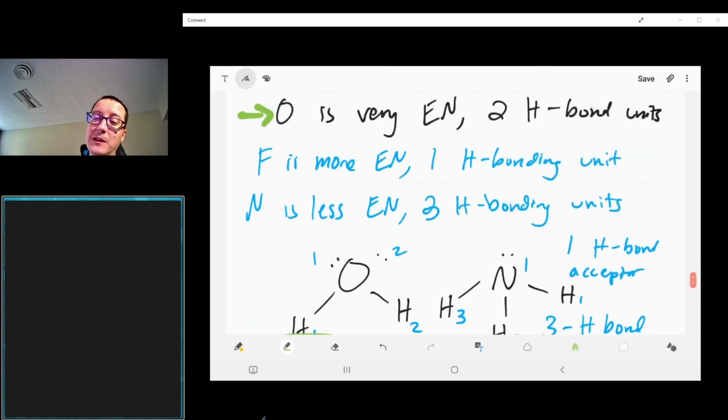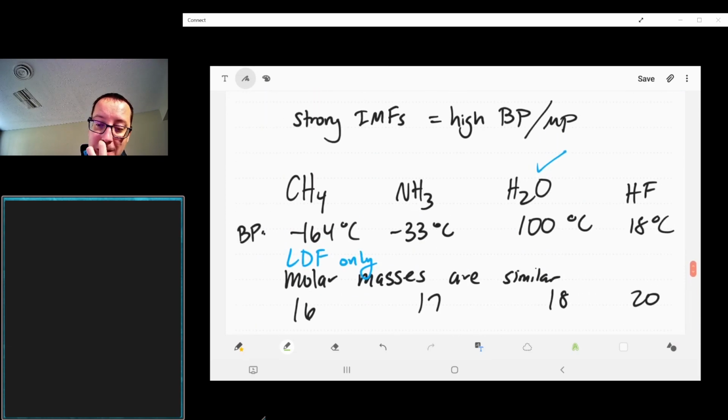And that's why we see this trend here. That's why water has the highest boiling point. It is because it's super electronegative, has super small hydrogens, and has 2 places to donate and accept hydrogens. So all of these waters can very happily interact with other water molecules.